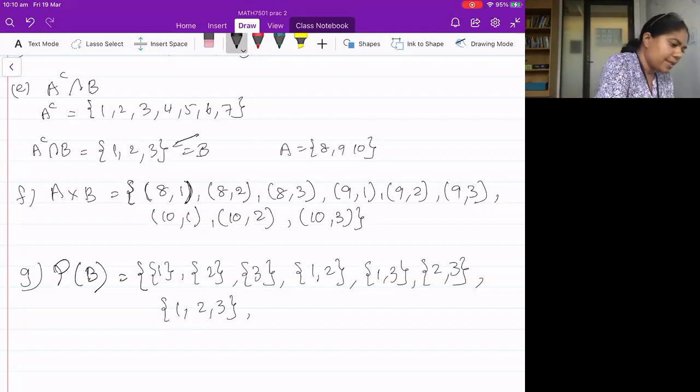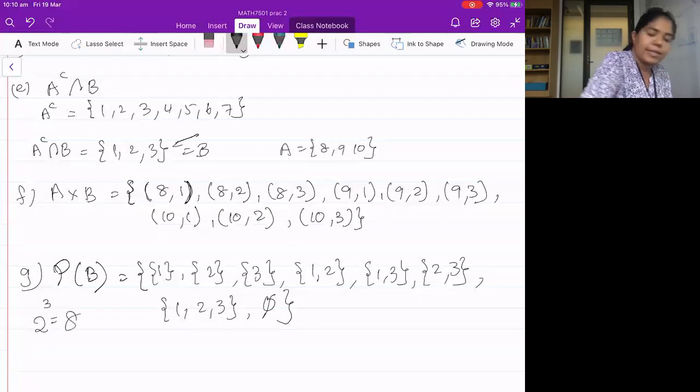Yeah, the empty set is missing. Okay, the empty set is missing. So by the way, you can determine how many elements there would be. That would be 2 to the power of the number of elements in B, 2 to the power 3, which is 8 elements. Okay, good.